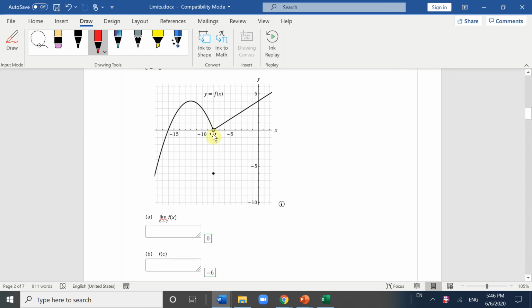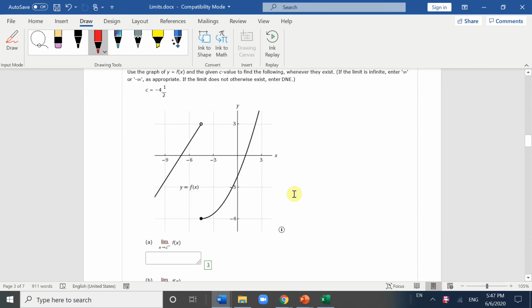When c is -8, f of c is -6. And the limit at this point, approaching -8 from both sides, left or right, all go to y equals 0. So 0.